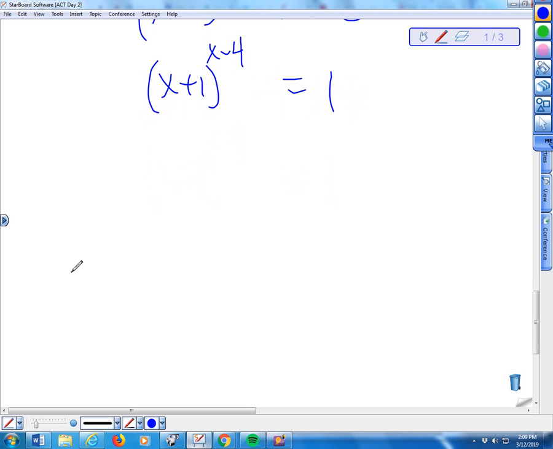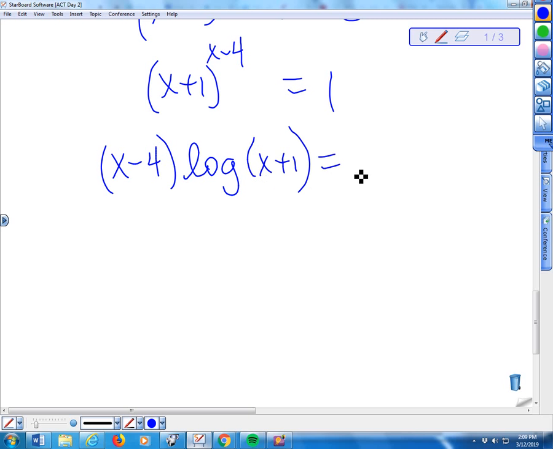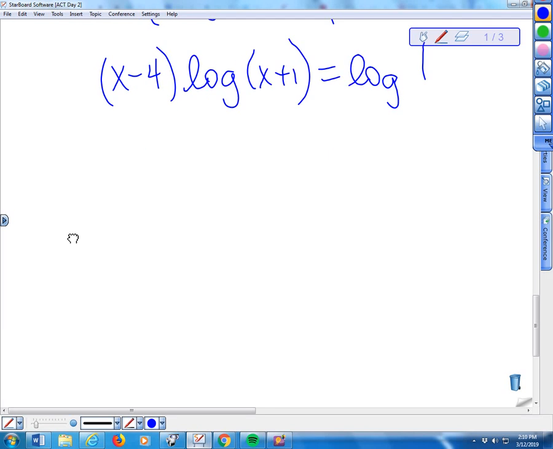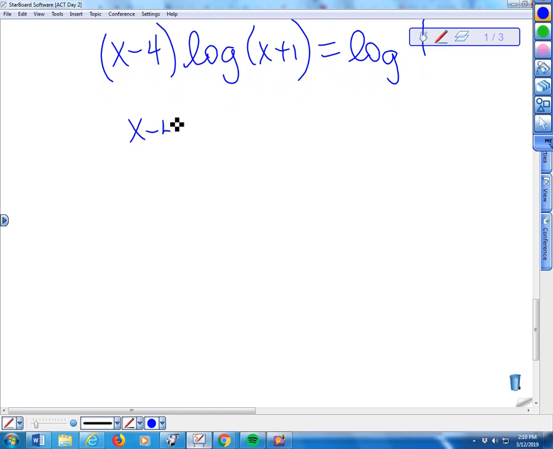When I do that, I'm going to bring x minus 4 down. And what's log of 1? 0. So now I've got x minus 4 times the log of x plus 1 equal to 0.